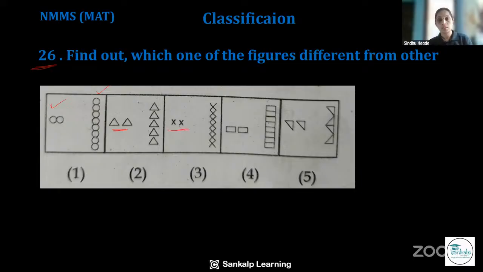Here also there is a cross mark, then the right side also contains many cross marks. They are connected to each other. And then image 4 also contains a rectangle shape, and all those rectangles are connected to each other on the right side. But image 5 contains a triangle which is inverted.